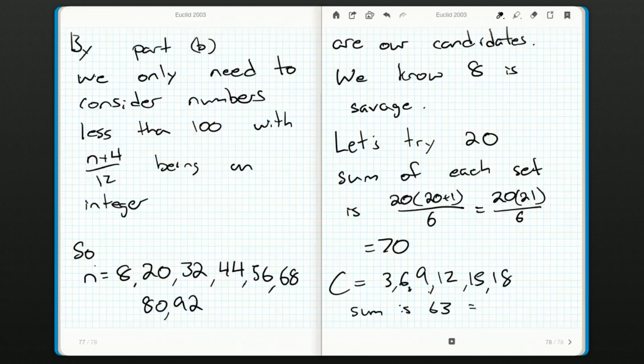Is there a quick way we can do these sums? It should be the next number, 21, divided by 3. So it should be n plus 1 divided by 3 times... no, 3 times, because this is 3, 1, 2, 3, 4, 5, 6.